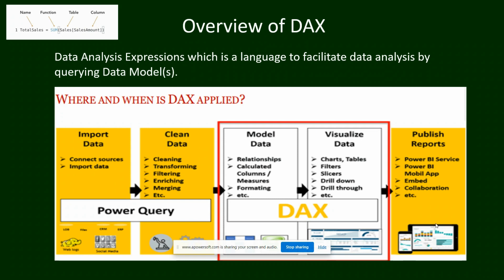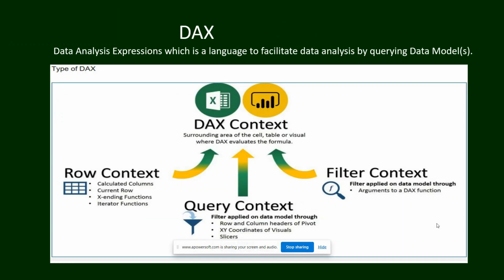The difference between the calculated measure and the calculated column is aggregation versus iteration. You are summing the value row by row, which falls into iteration and holds memory. And if you are summing as a whole, that will be your aggregate, so that calculation will be handled on the fly.